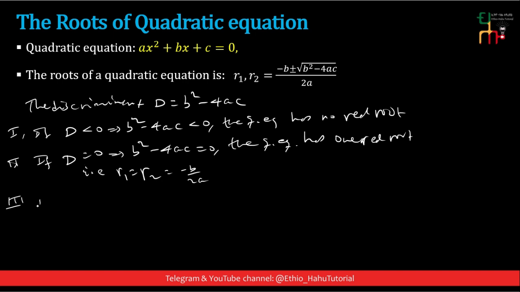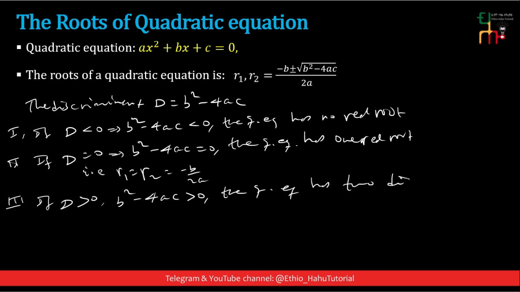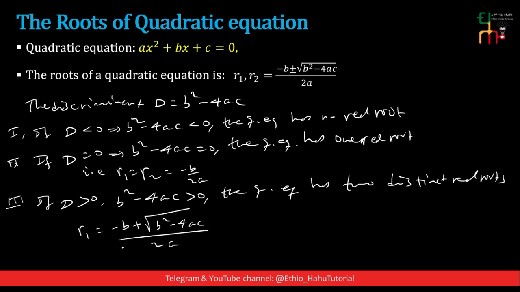Roman number 3, if d is greater than 0, that means b squared minus 4ac is greater than 0, the quadratic equation has two distinct real roots. r1 is equal to minus b plus the square root of b squared minus 4ac over 2a, and r2 is equal to minus b minus the square root of b squared minus 4ac over 2a.